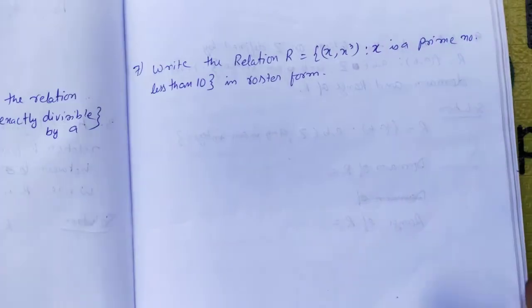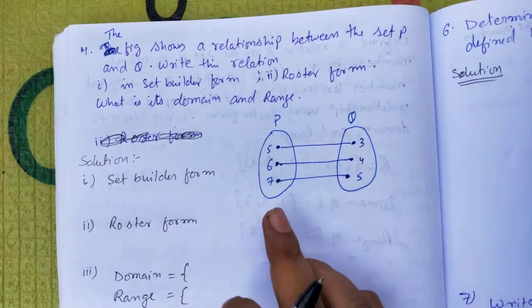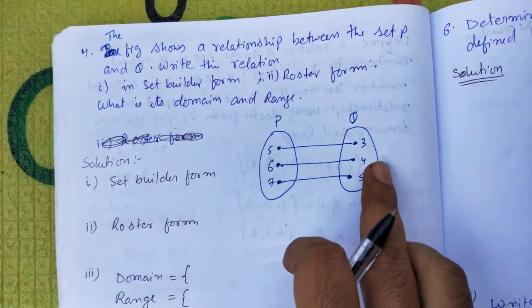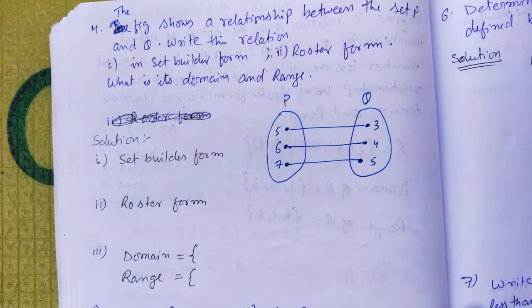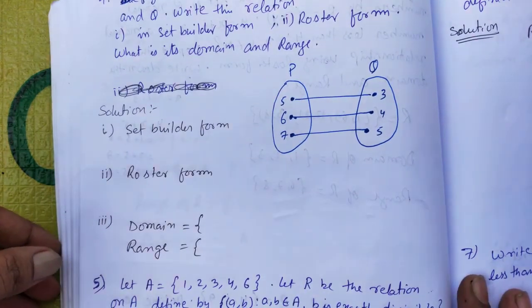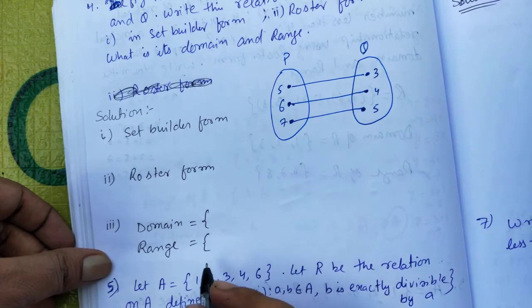Question number 4. They have given a relation with an arrow diagram. 5 is related to 3, 6 is related to 4, 7 is related to 5. You have to give this situation in set builder form. Roster form, set builder form, and domain and range.